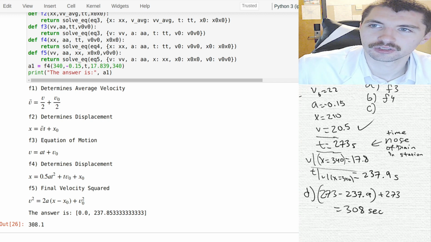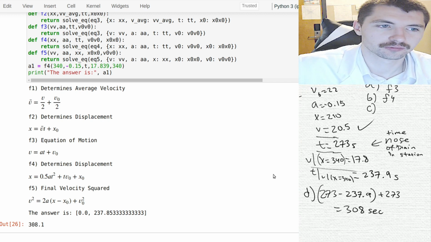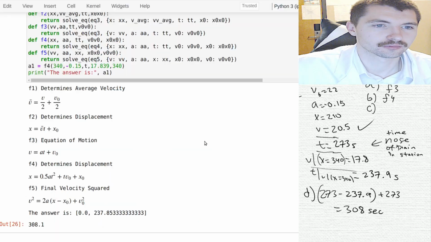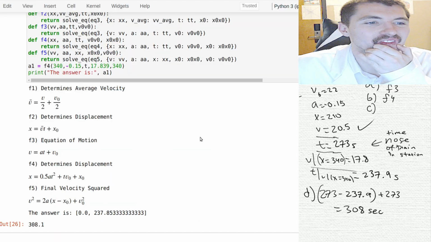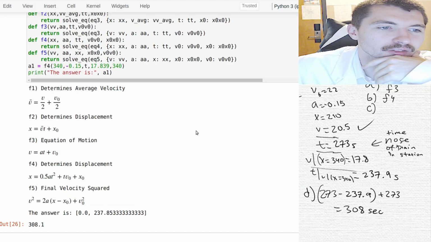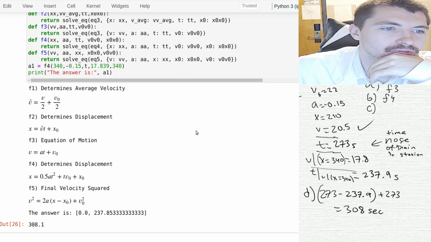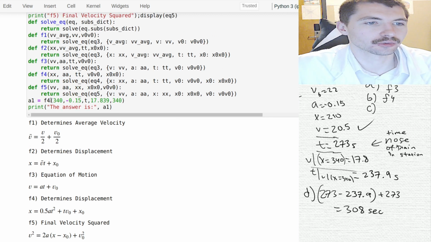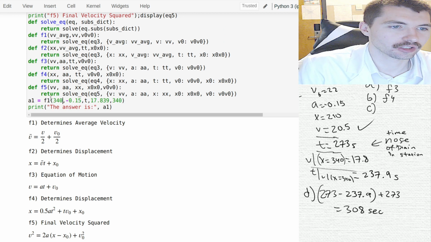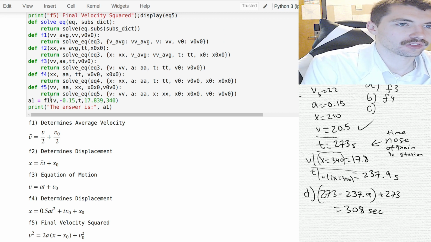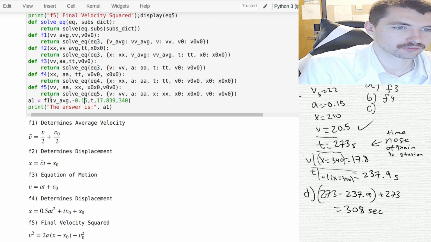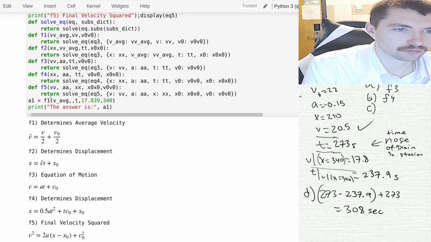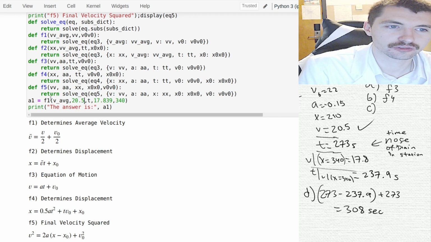So all right, so we're gonna do F1 is V average. V is 20.5.